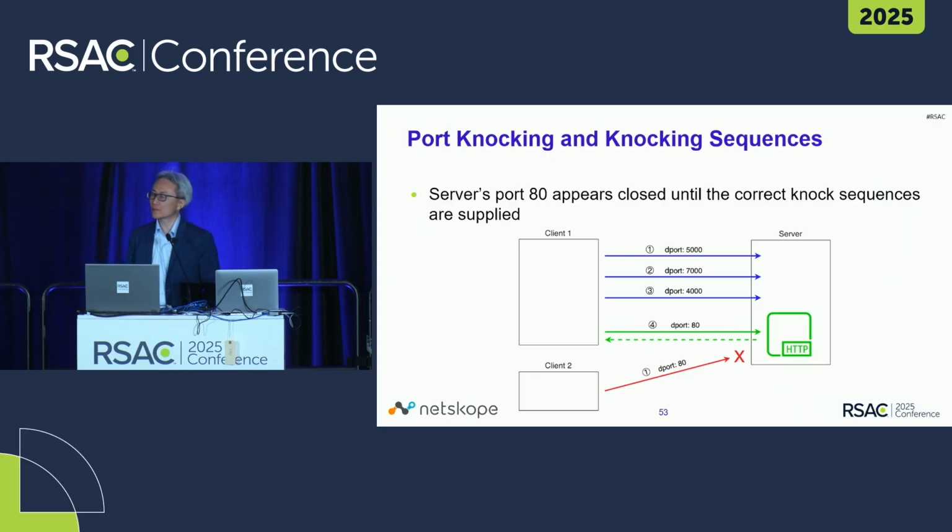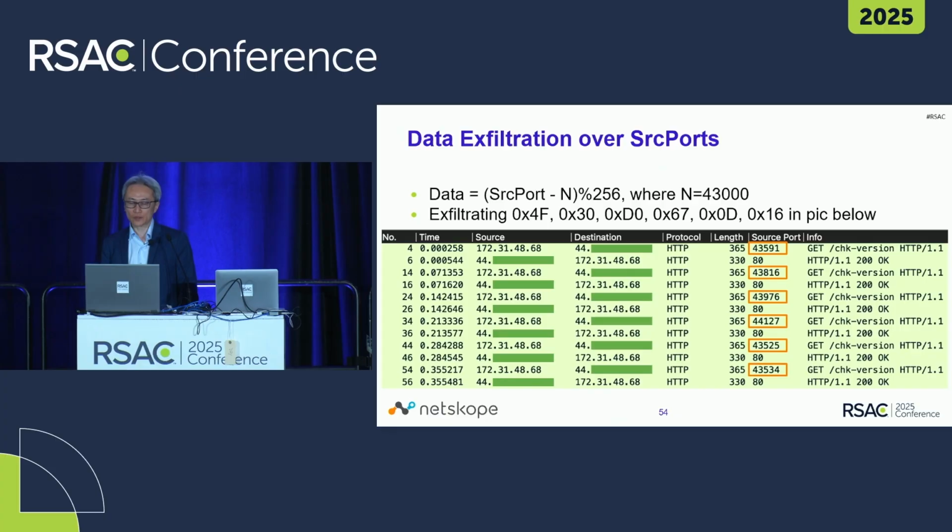Taking this concept to a different level, instead of using the destination port, I use the source port as a medium to transfer the data. By using the formula above, we can secretly exfiltrate some bytes over this kind of medium.